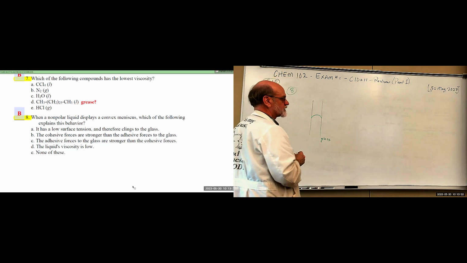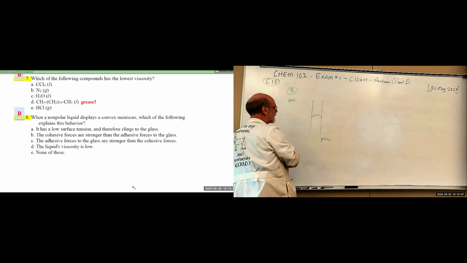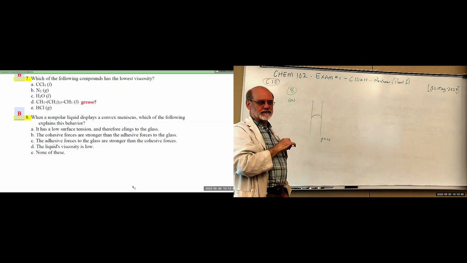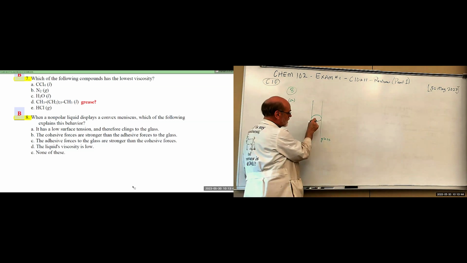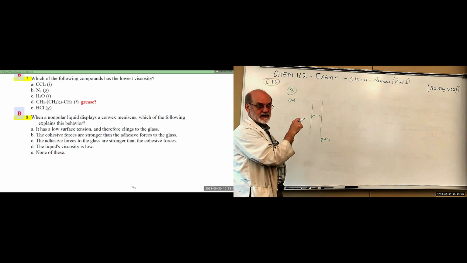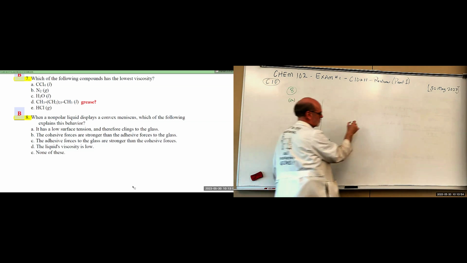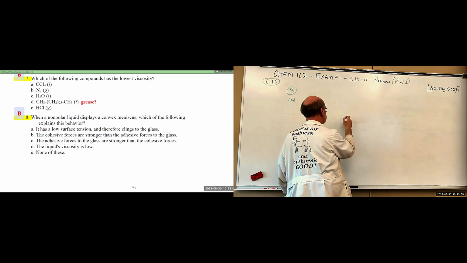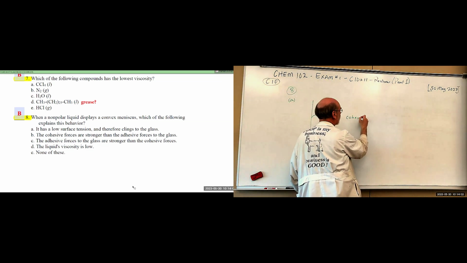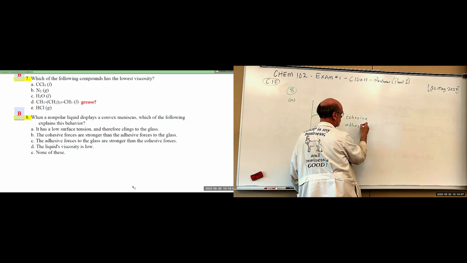A, it has a low surface tension, therefore clings to glass. What if it has a low surface tension? Right? Low surface tension means that the forces attracting the molecules together are very weak. We're looking at a balance, a battle actually, between cohesive and adhesive forces.